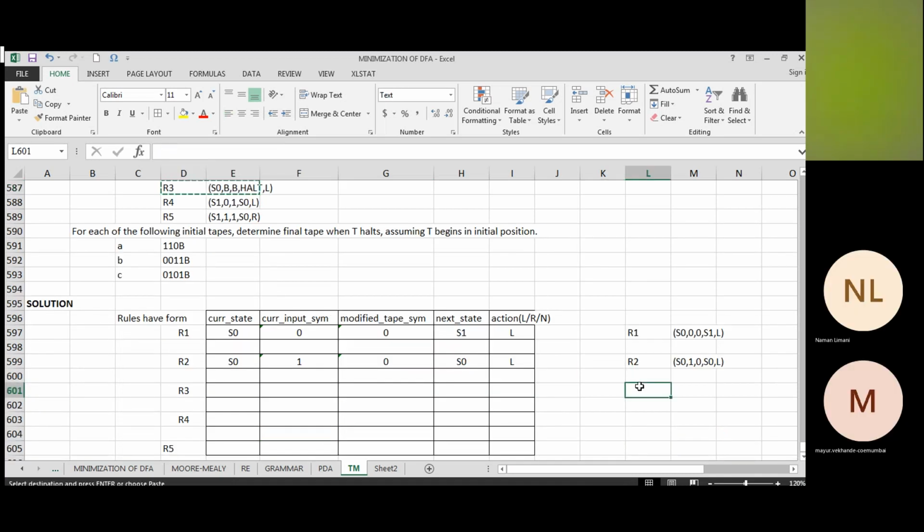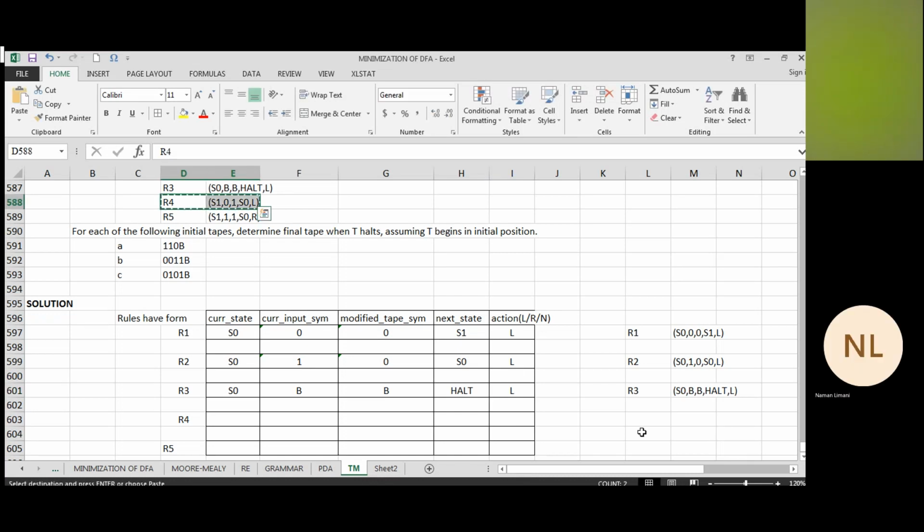R3 will be: start in S0, process capital B, let it be B, go to halt state, and then move to left. R4 is that the processing is started from S1, it's processing 0 in S1. 0 is modified as 1.